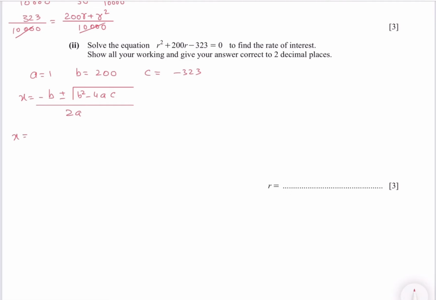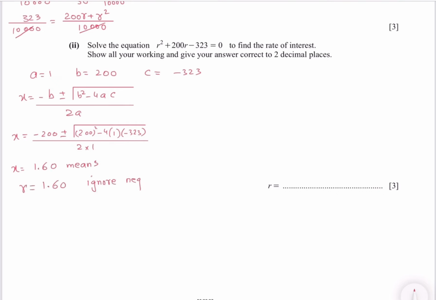Almost all the students know how to use their calculator by placing these values. So I'm directly writing the positive answer, the negative answer you just ignore it, and your R is 1.6.